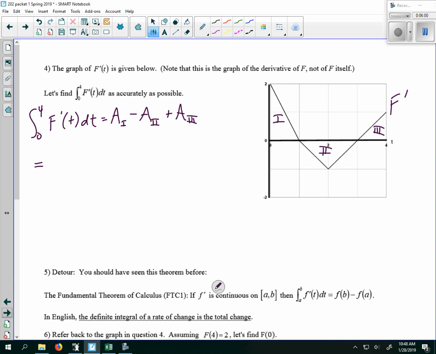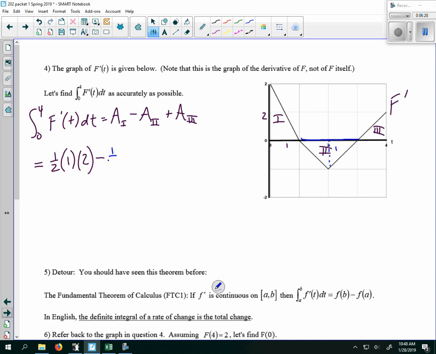So 1, that's a right triangle. And the base is 1, the height is 2, so its area is 1/2 base times height. 1/2 times 1 times 2 minus this triangle in area 2. Its base is 2, and its height is 1. 1/2 base times height.